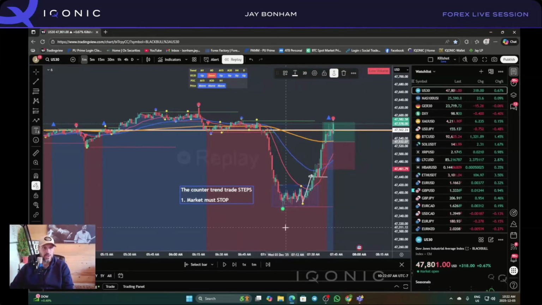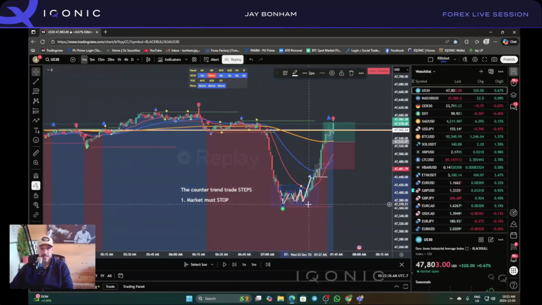The market must stop. We want to see this thing stop creating lower lows, start creating higher highs. We want to see this structure start. So first, the market must stop. It must stop its trend. If you're going to try and take counter trend, you want to know the trend has stopped, or at least is attempting to slow down so the other volume can maybe take some control of it.